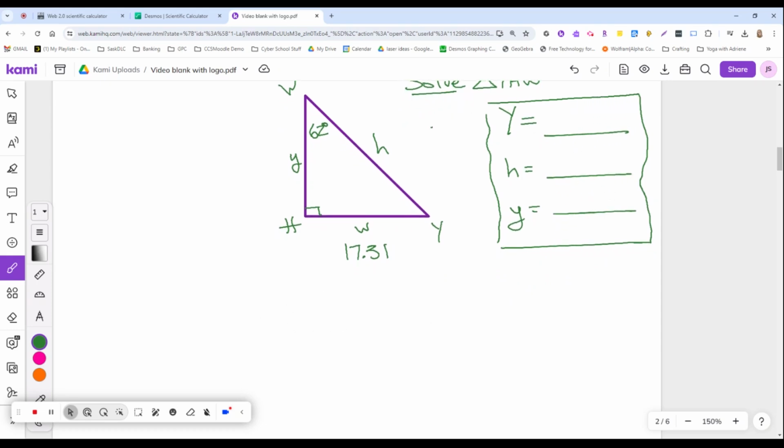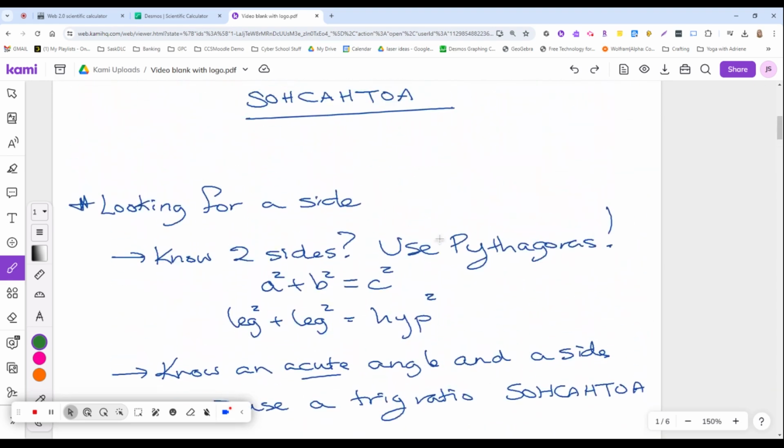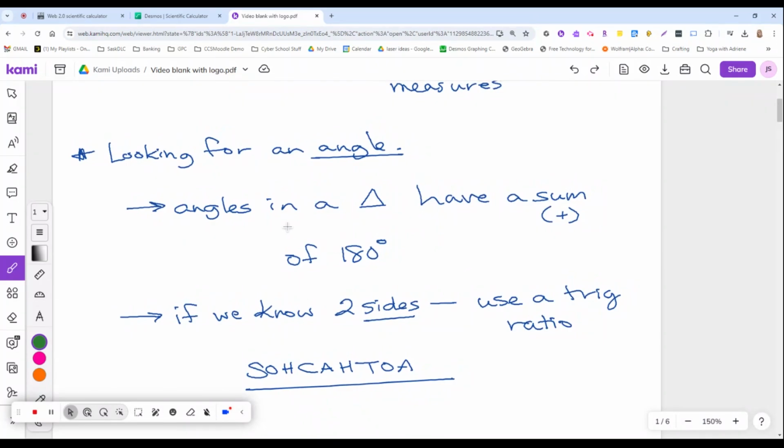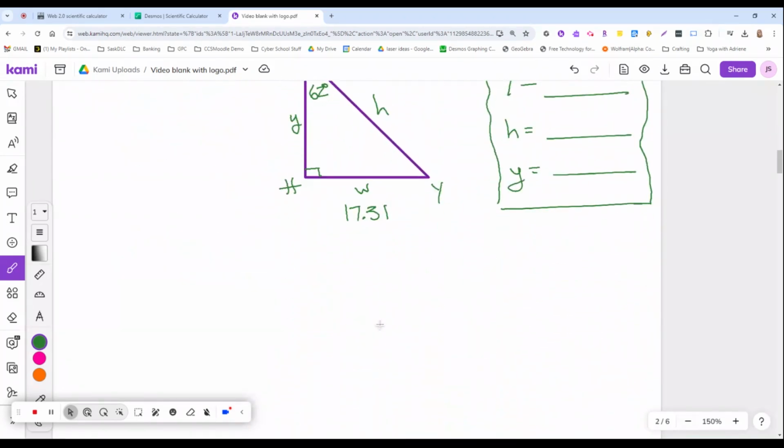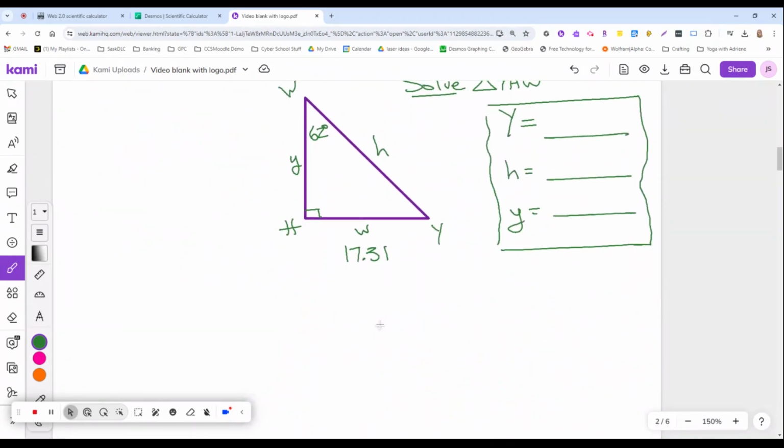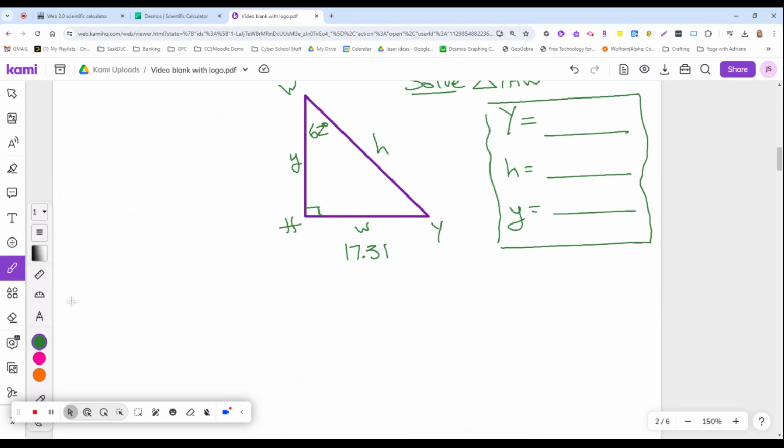So I'm going to go ahead and I'm going to start with angle Y. Well, how am I going to find angle Y? Remember, when you're looking for an angle, we know angles in a triangle have a sum of 180 degrees. Do I know enough? Sure I do. I know that angle Y plus 62 degrees plus 90 degrees, there's my three angles, have a sum of 180.